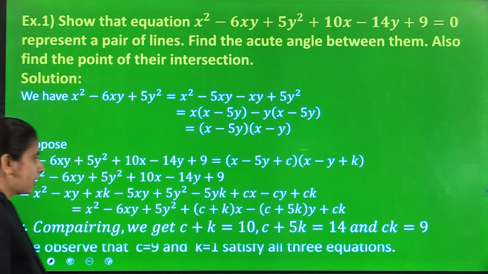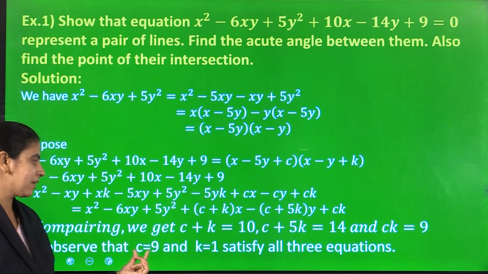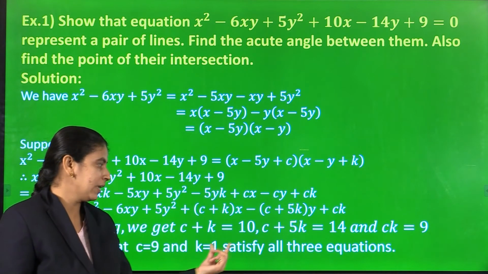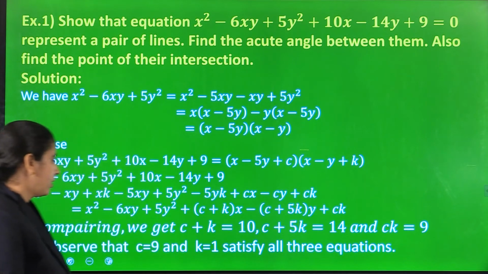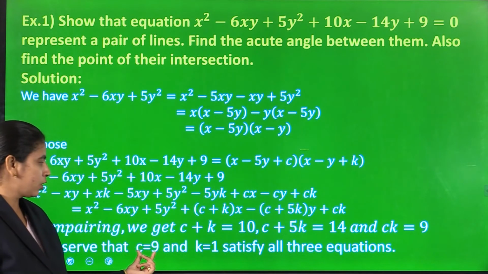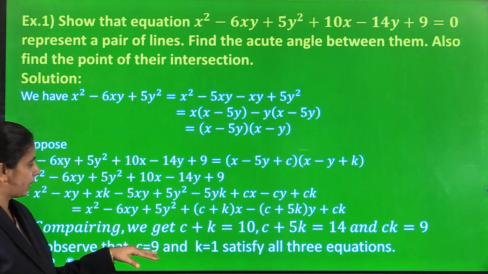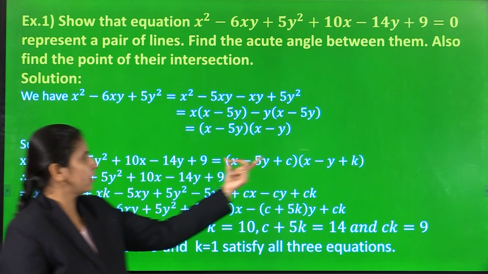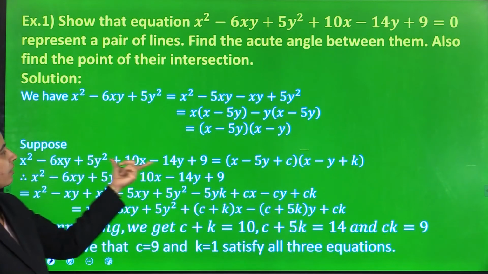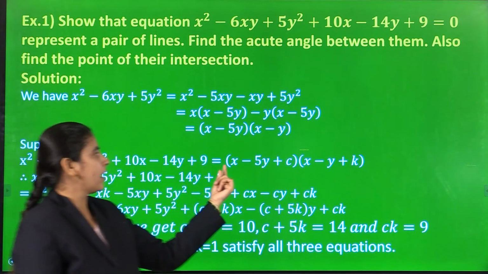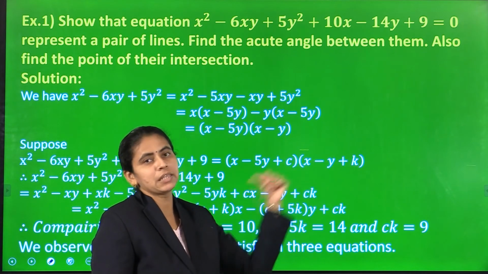Okay, so after solving all these three equations you observe that c equal to 9 and k equal to 1 satisfy all three equations. So we have found the values of constants c and k. After putting these values in our right hand side, we get that the given equation can be factorized as x minus 5y plus 9 and x minus y plus 1.